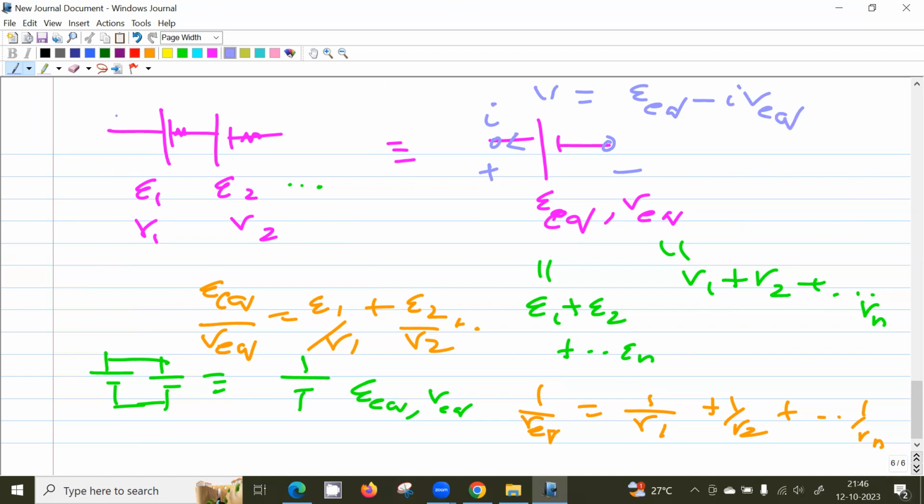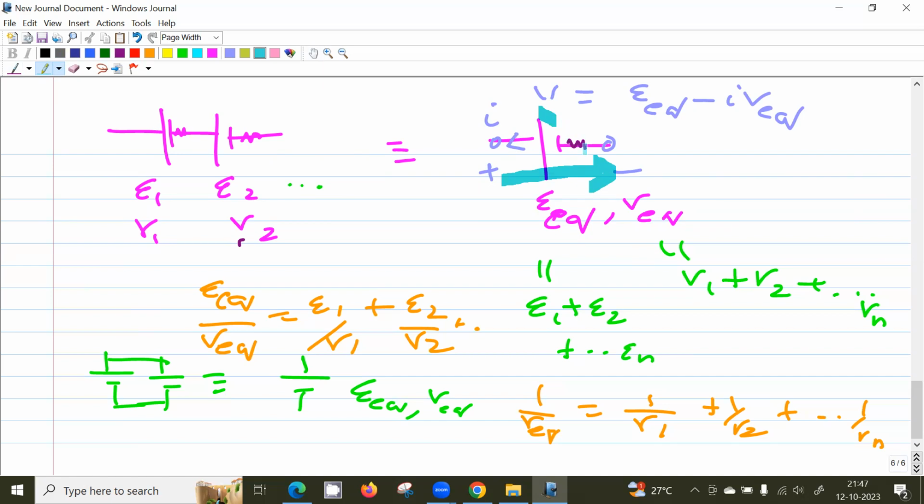Is that right? It is correct. Because E is dropped from here to here, there is a drop of E, and the current is flowing towards the left.